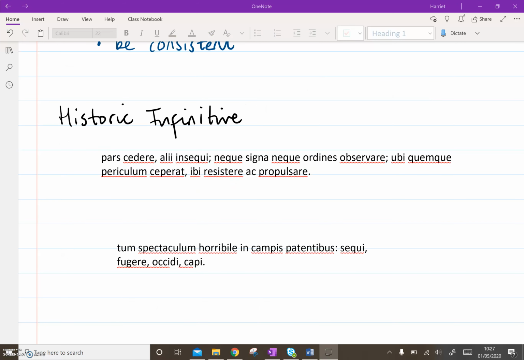Okay, the next thing to note is the historic infinitive, which is exactly the same as the historic present, except instead of a full present tense verb, you have an infinitive. We've got an example here: cedere, insequi, observare, and then resistere, propulsare.